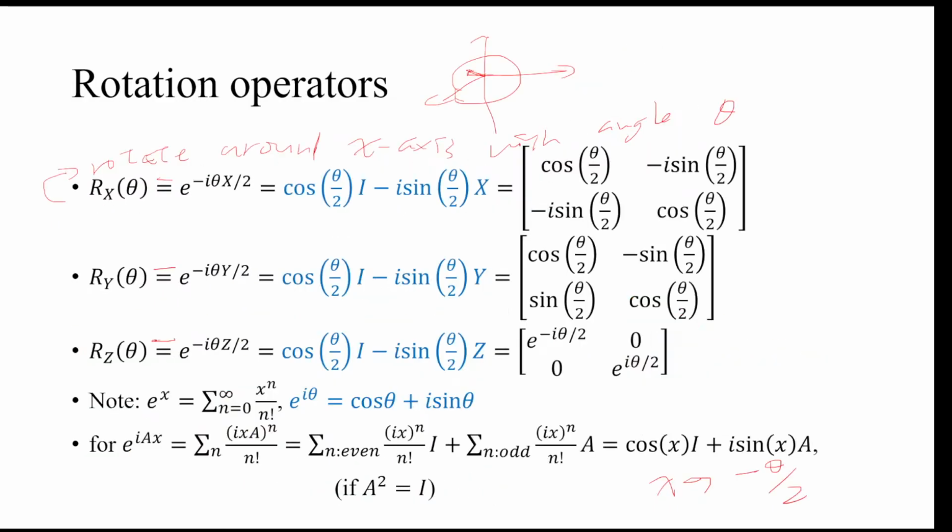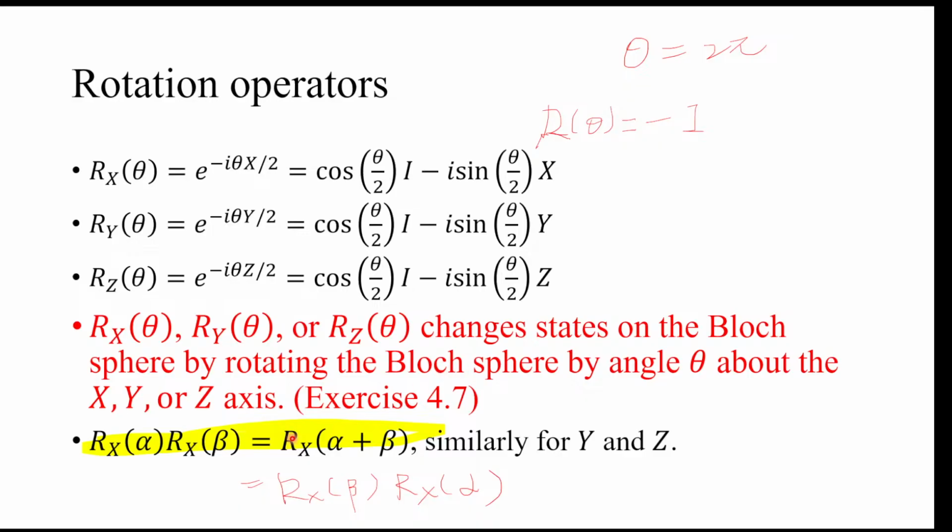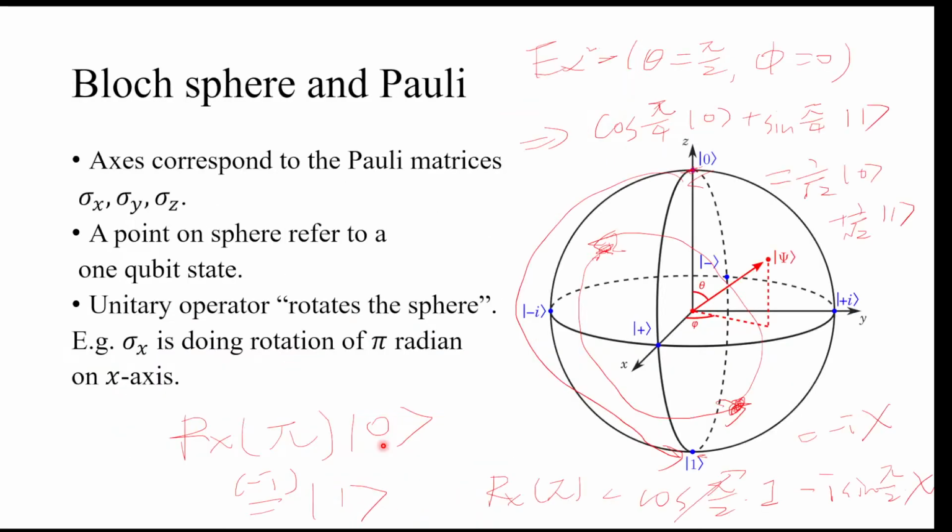Rx, Ry, Rz can be written as an Euler formula with respect to the identity matrix and Pauli matrices. Since they are rotations on the Bloch sphere, R(alpha) R(beta) equals R(alpha plus beta): rotating by angle alpha and then beta around the same axis equals rotating by alpha plus beta.